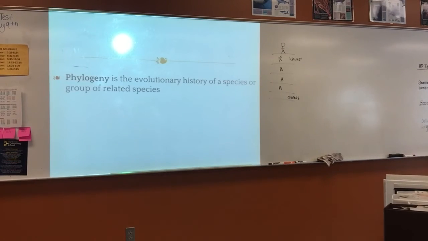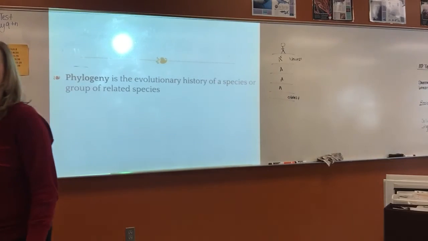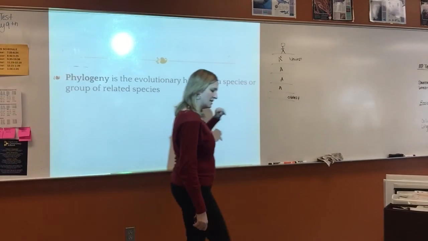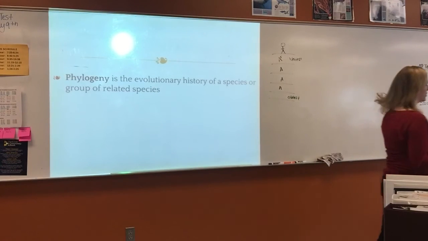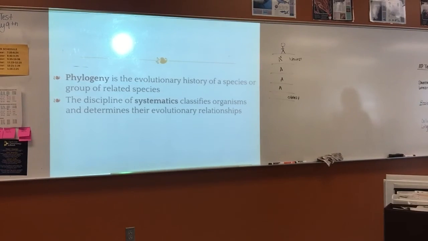All right, so let's look at chapter 25, which is about the evolutionary relationships between organisms. This is called phylogeny, and those trees, like that horse tree, are called phylogenetic trees. It's the evolutionary history of a particular species or group of related species.